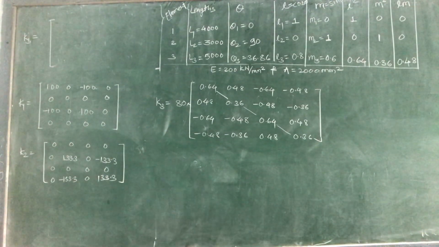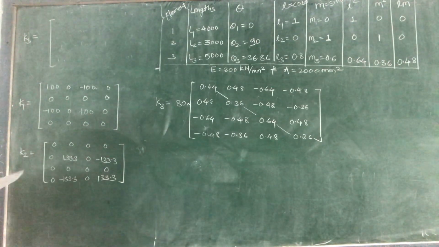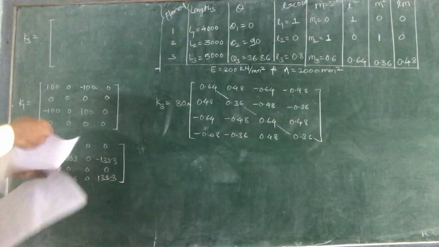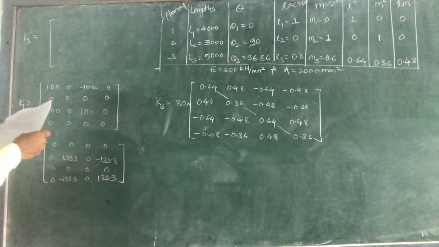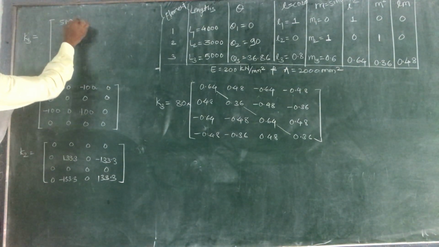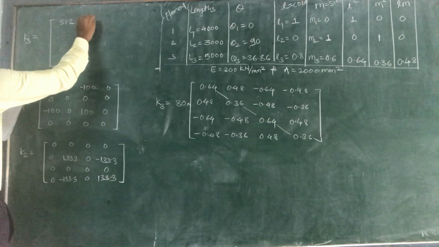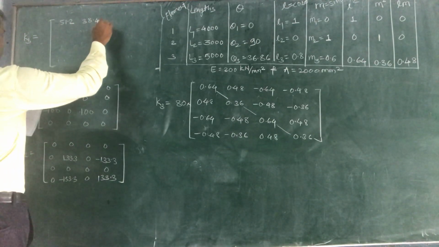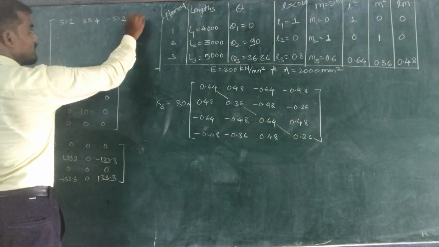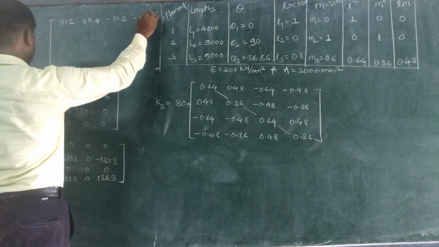So on simplifying, by multiplying all these values, K3 will become 51.2, 38.4, minus 51.2, minus 38.4.